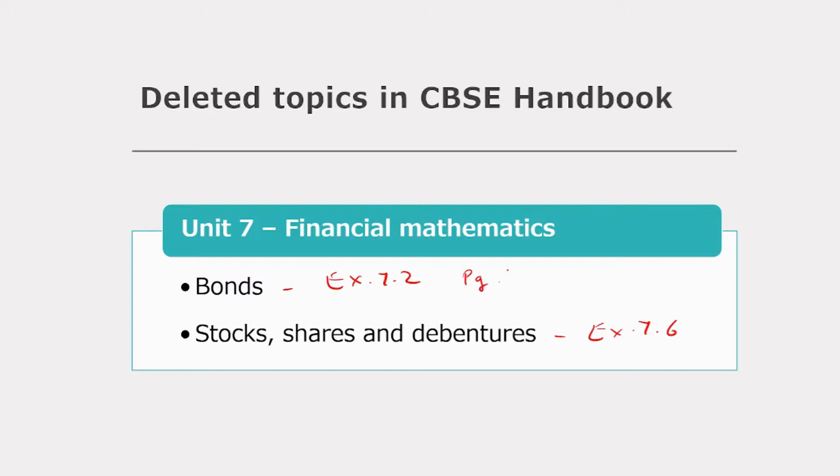The exercise is on page 711 and this exercise is on page 723. So these two topics are deleted in Unit 7 Financial Mathematics. So these are the topics which are deleted from the CBSE Handbook. If you have the CBSE Handbook, please make a note of it.